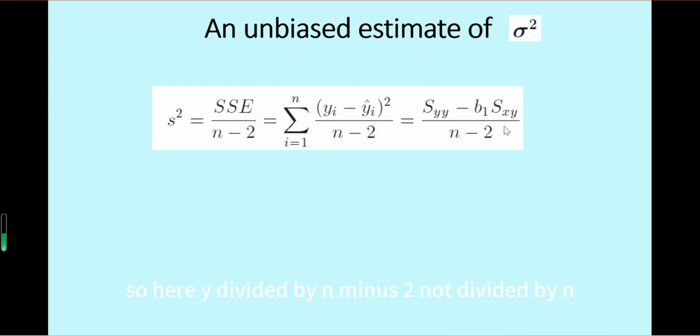So here we divide by n minus 2, not by n, because the 2 means we lost 2 degrees of freedom in the estimation of this linear regression, because there are 2 parameters. When we calculate SSE, we use 2 parameters, one is b1, another is b0.